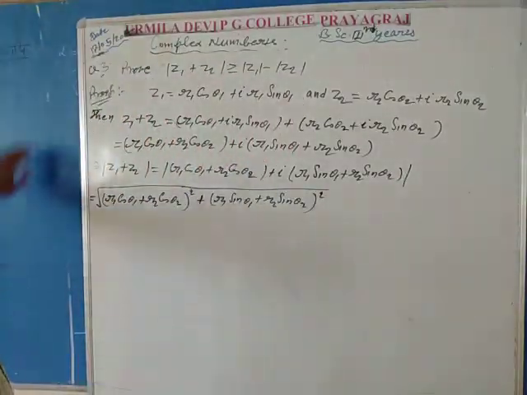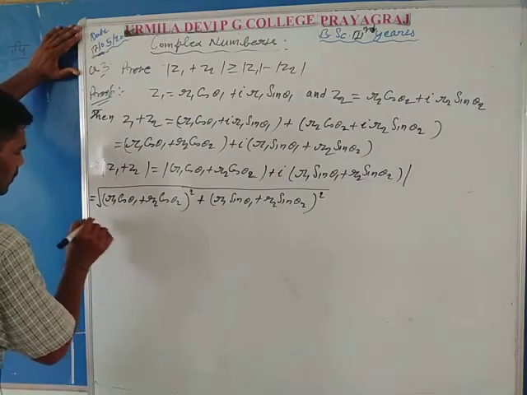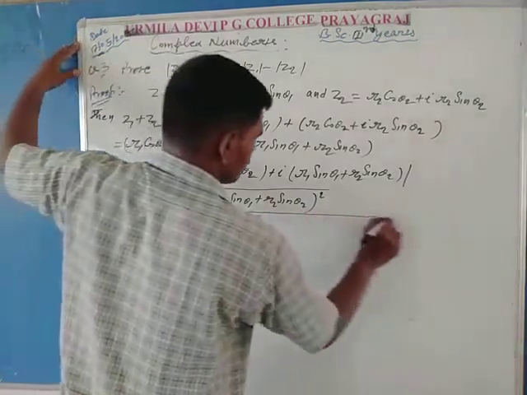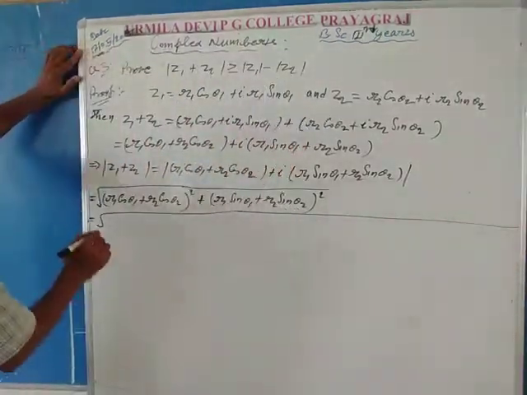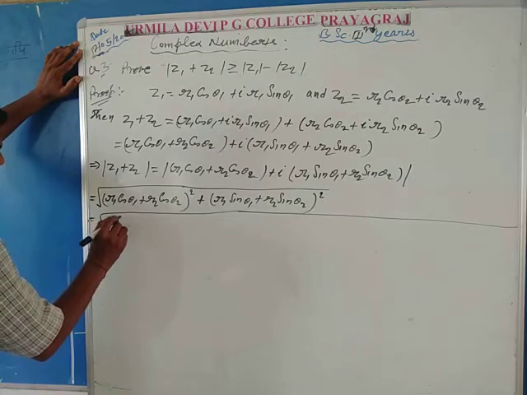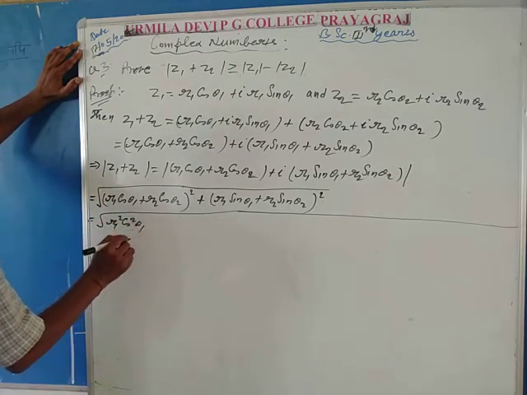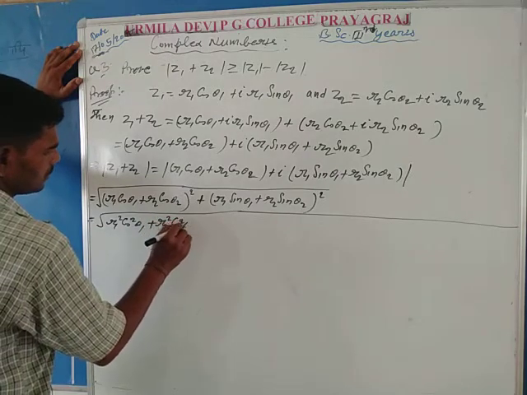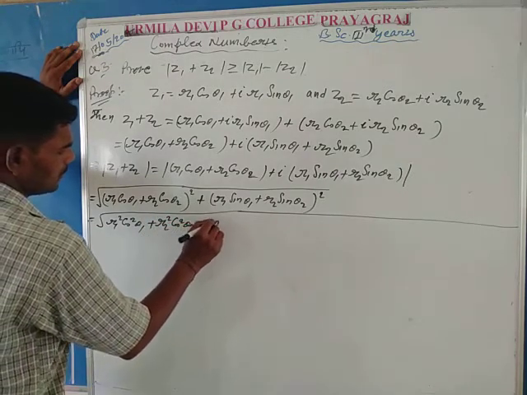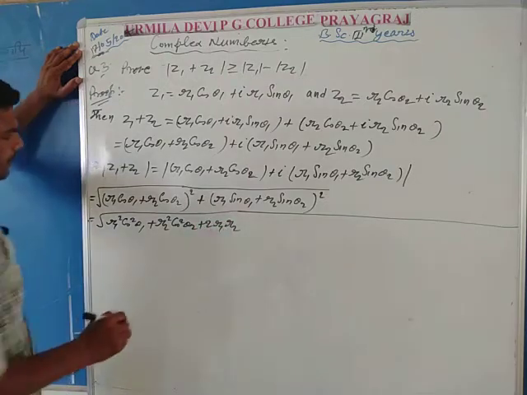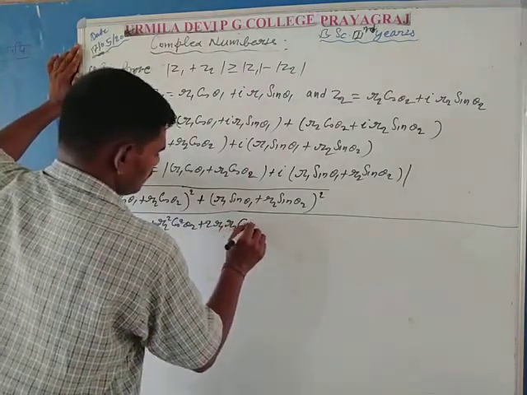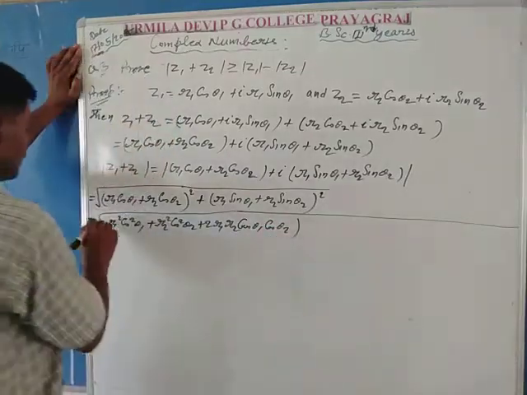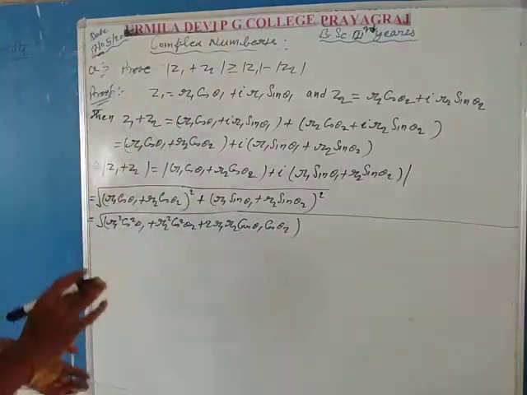Taking the expansion of this bracket by the rule of (a plus b) whole square, under the root: R1 square cos square theta 1 plus R2 square cos square theta 2 plus 2 times R1 R2 cos theta 1 cos theta 2 in the first bracket. This is the expansion of the first bracket.